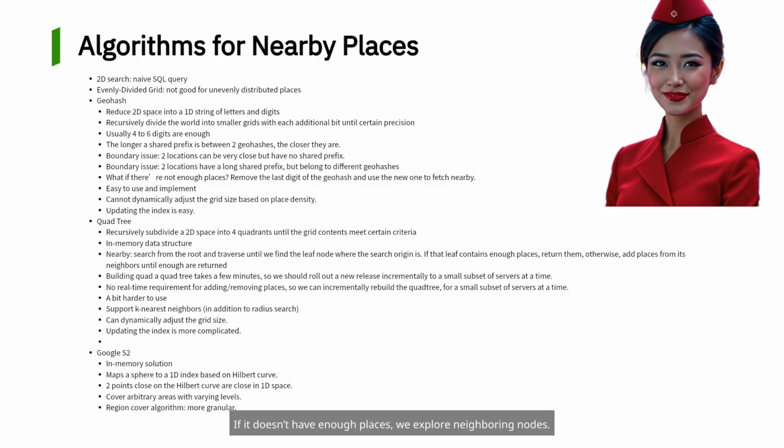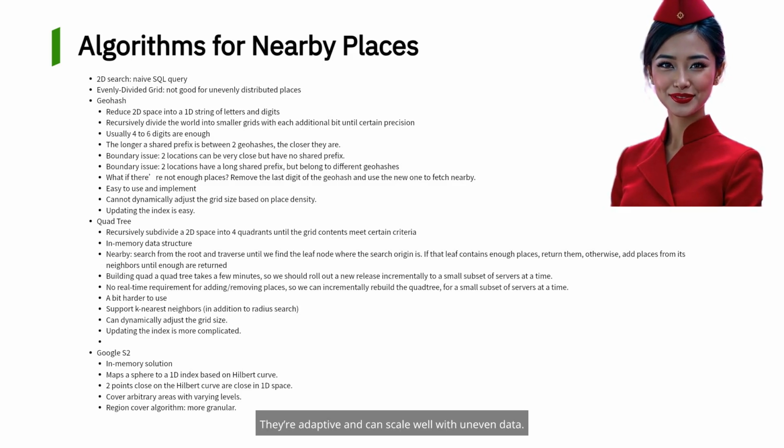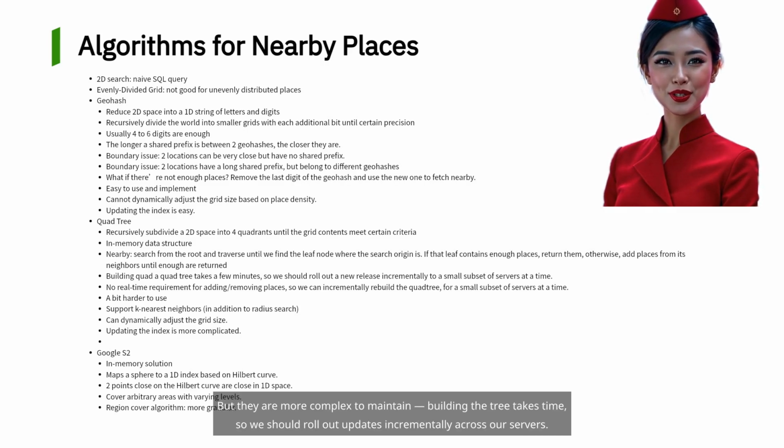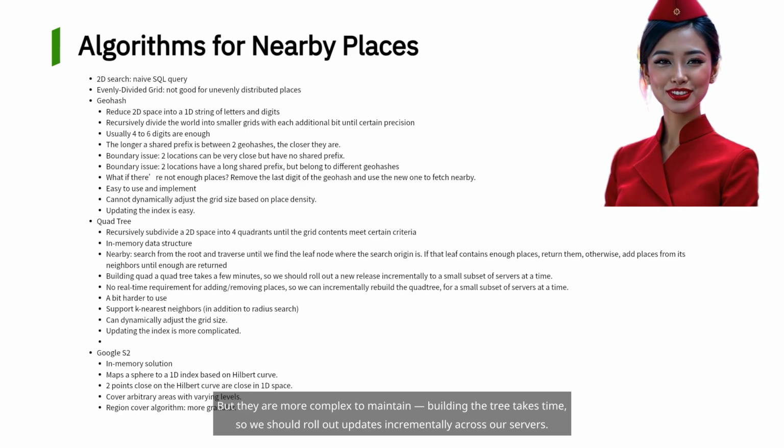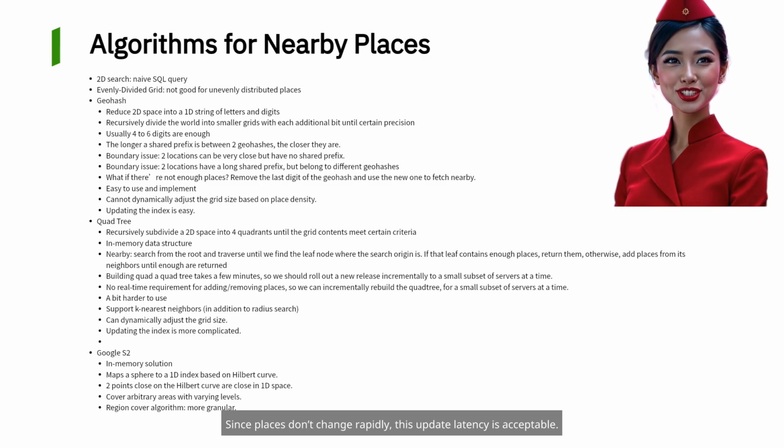If it doesn't have enough places, we explore neighboring nodes. They're adaptive and can scale well with uneven data, but they are more complex to maintain. Building the tree takes time, so we should roll out updates incrementally across our servers. Since places don't change rapidly, this update latency is acceptable.